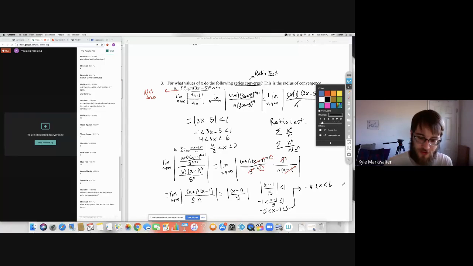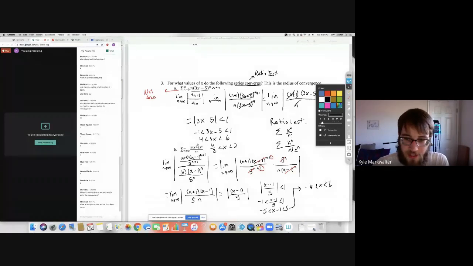Thoughts, questions, concerns, prayers? Keep in mind, if we want to, we can test this, because x should work when x is 0, for example, or x is 2.